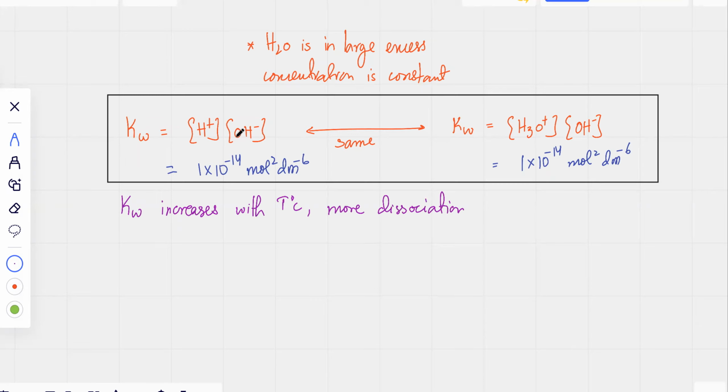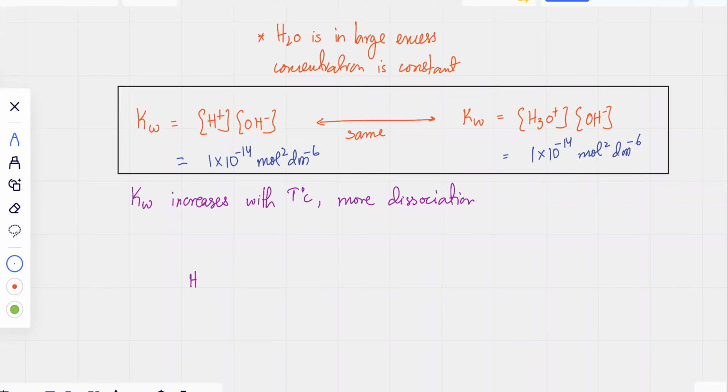Remember what we were trying to do. This product remains a constant. Kw, the concentration of H+1 multiplied by the concentration of OH- ion, always remains a constant. At room temperature it is always going to give you 1 times 10 power minus 14.